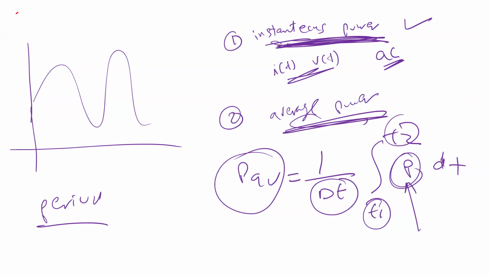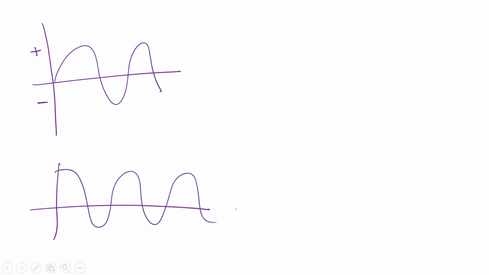One more thing, which is very interesting: as you will understand in detail, we have a current here. This current sometimes is positive, sometimes negative. Same thing for the voltage.